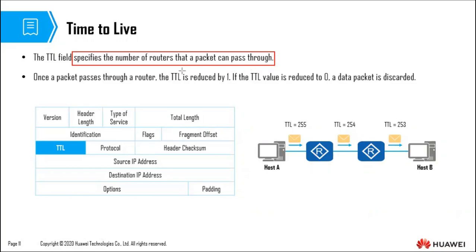So what happens when a packet passes through a router, the value of the TTL is reduced by 1. Now, if the TTL value is reduced to 0, what happens? The data packet is discarded.